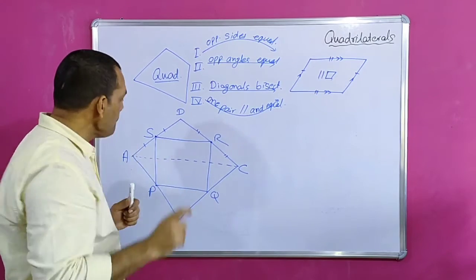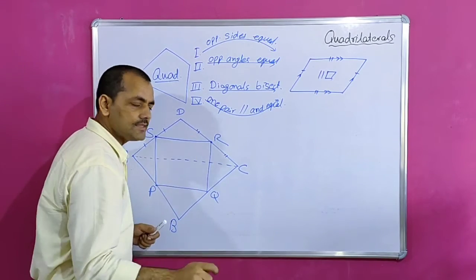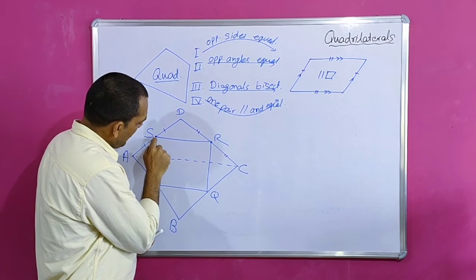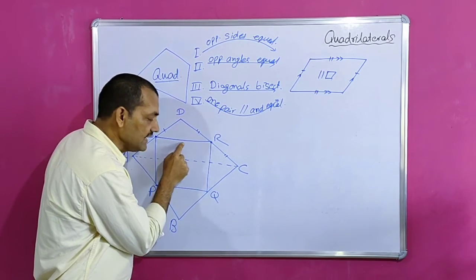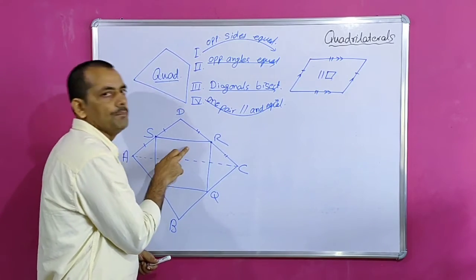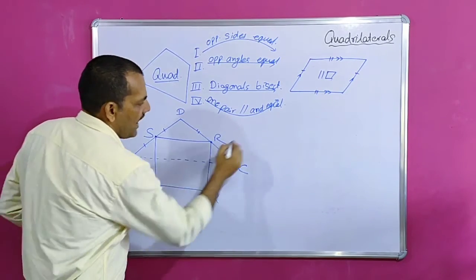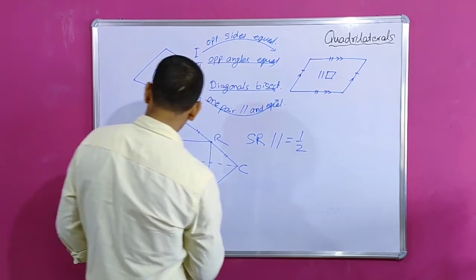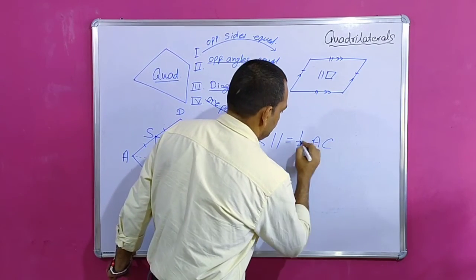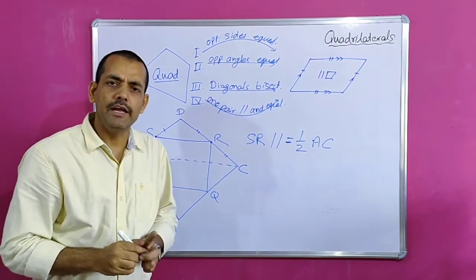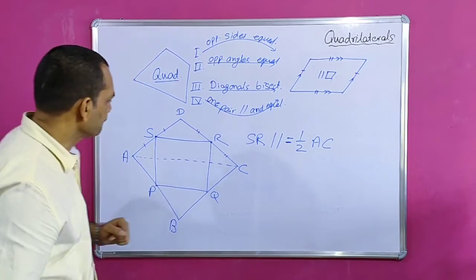So, from the property of triangles, if S and R are joined, this line is parallel to the base and half of the base. So SR is parallel to and equal to half of AC. This is also known as the midpoint theorem in a triangle.